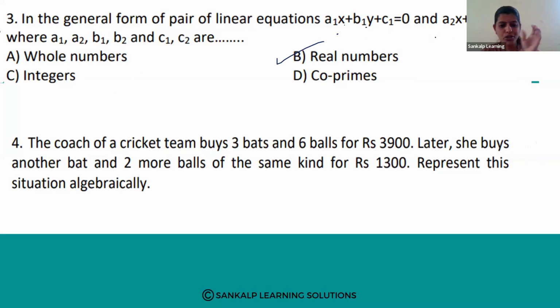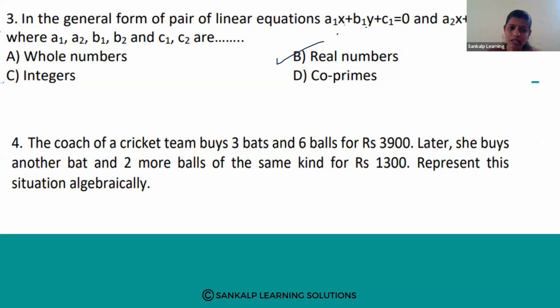That means the coefficients of x and y and the constants are real numbers. It may be anything: a whole number, a natural number, an integer, a rational number or an irrational number. Any number you will get. So a1, b1, c1, a2, b2, c2 are real numbers.